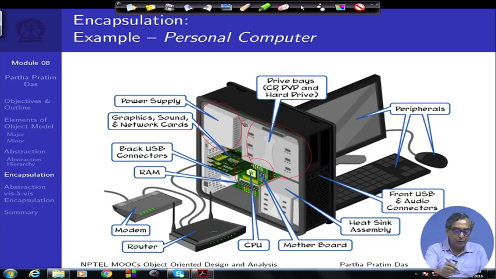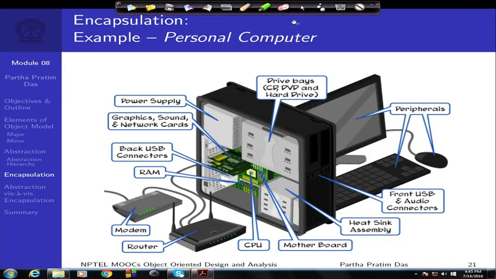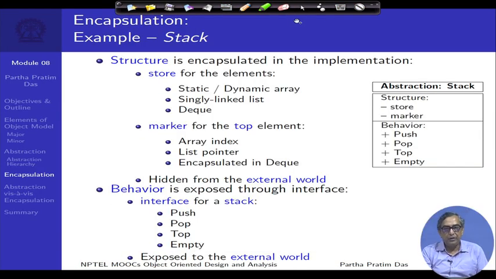Now, maybe a lot of unused old systems lie around, so you may want to open up a hard drive and see what is inside, and you will find that there are certain boards, components, PCBs, and there is actually another encapsulation of a physical drive that exists inside, which again if you open up you will find different actual disk platters or whatever different things that exist. So, the idea is to show that encapsulation is a basic process by which you put things together and give very selective usability, selective access to different people who need to use that.